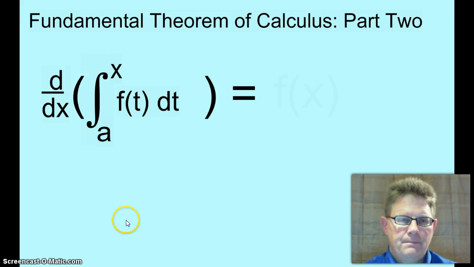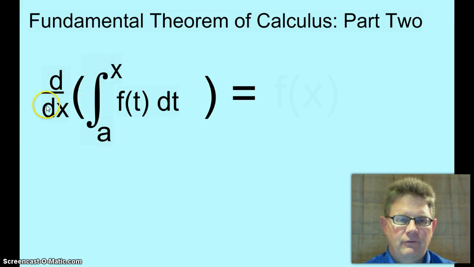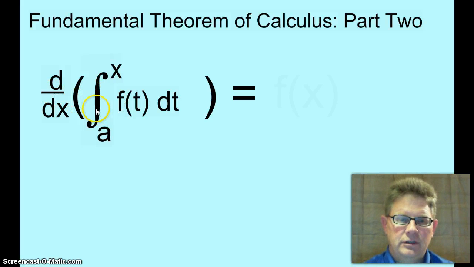Alright, here we go. We're taking the derivative of the integral of some function of t, dt, from the bounds a to x. This is really cool. Remember that differentiation and integration are inverse operations, so they kind of undo each other.